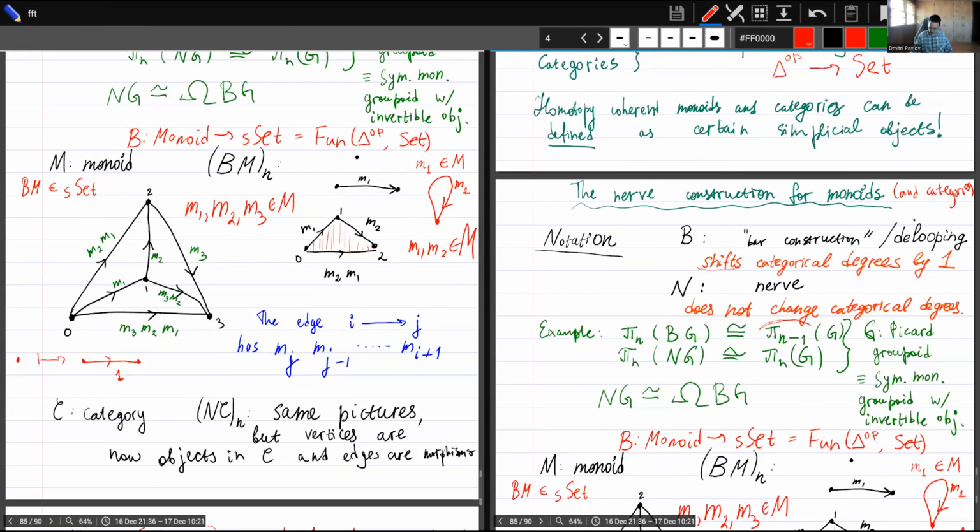Also in some contexts that's known as a classifying space, especially if the monoid is a group. Here we are constructing the classifying space as a simplicial set, BM.